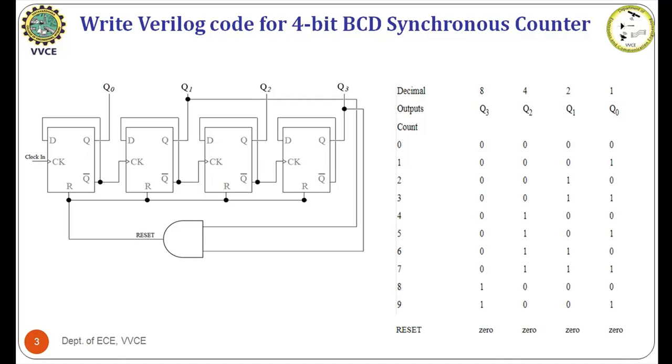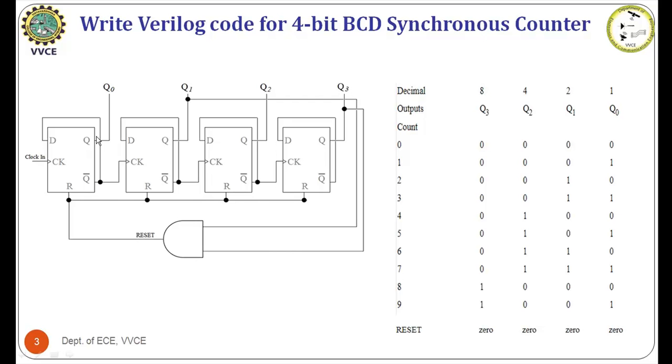The figure shows a block diagram for the 4-bit BCD synchronous counter, wherein this counter uses 4 D flip-flops, each having two inputs, that is D input and clock input, and one output, that is Q. Since we have 4 flip-flops here, we have 4 outputs, that is Q0, Q1, Q2 and Q3.